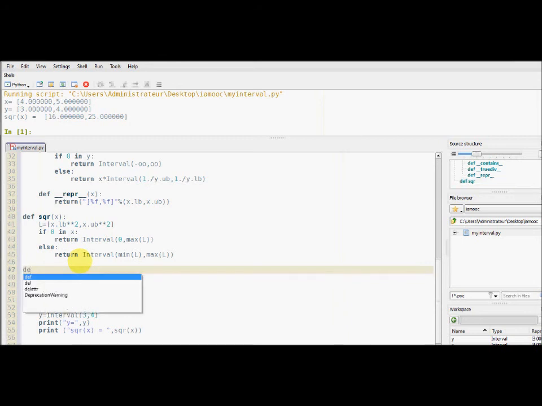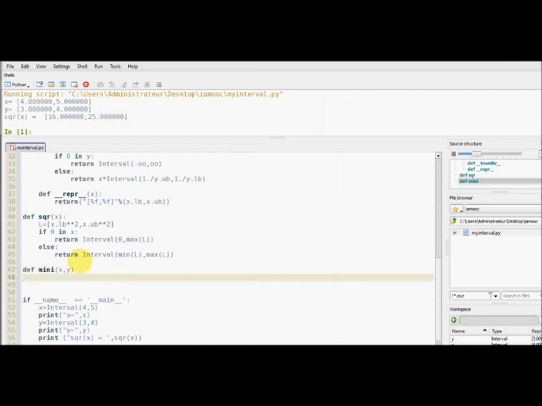Definition, min of x and y, and return. I will return an interval which contains the minimum of the lower bound.